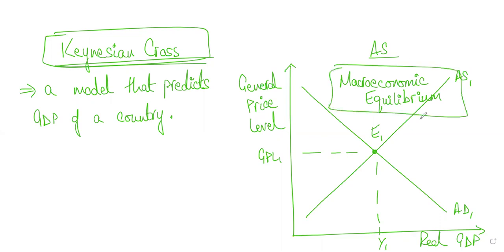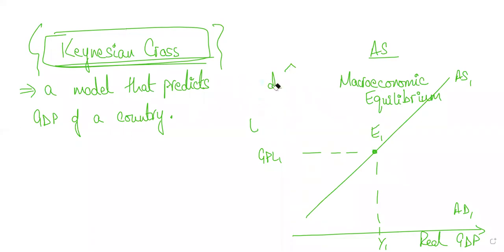Its purpose is the same as the macroeconomic equilibrium, but obviously the approach is very different, as you will see in a bit, right? Now, are things adding up? Circular flow of income was necessary to understand what we're about to do next, which is the Keynesian cross. And it's a model that predicts the GDP of a country. Anything more than that will confuse you right now. Once we deep dive into this, you will better understand what the actual objective of the Keynesian cross is.